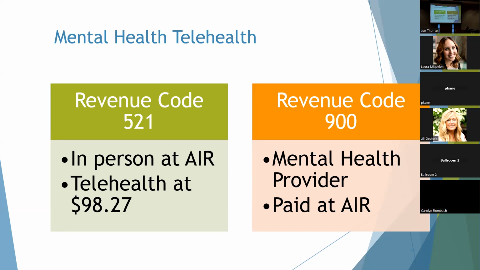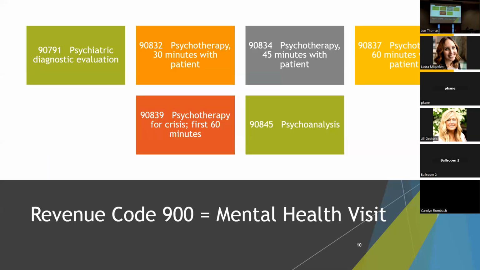It is the 900 codes. And actually, I'm sorry, it's up to 99 and some change now. So if it's a revenue code 521, it's considered a physical telehealth. If it's a 900 code, that's the only way you're going to get paid at that AIR. So it's these codes here.